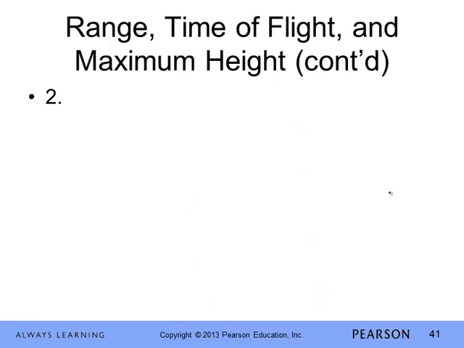All right, now let's talk about number 2, which is the range. How far horizontally does it go? Well, that's simple, because you evaluate the x function at where t is equal to the time of flight.